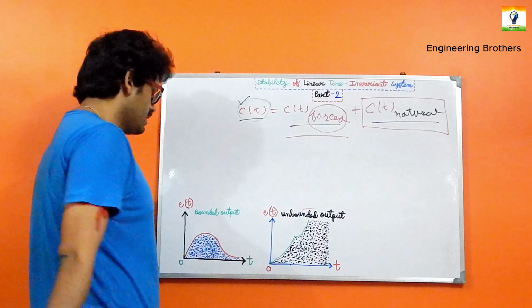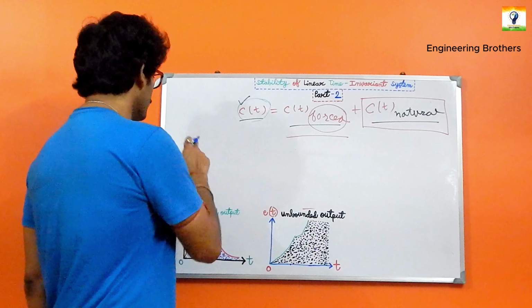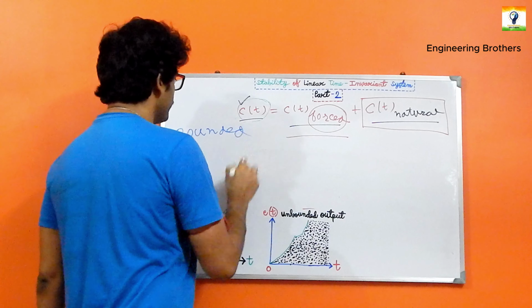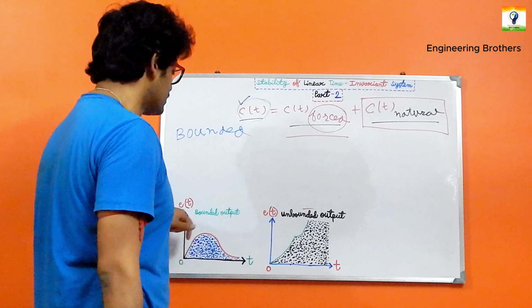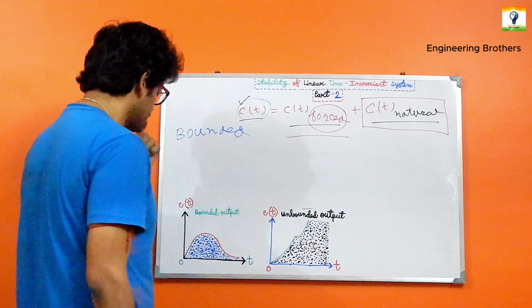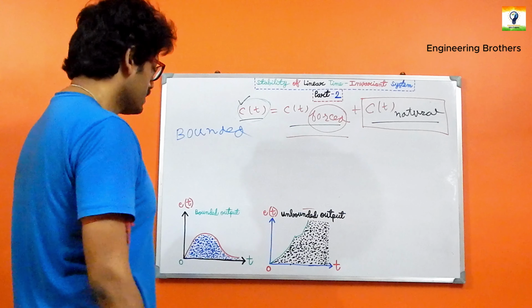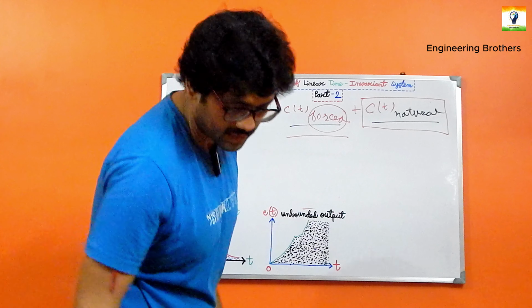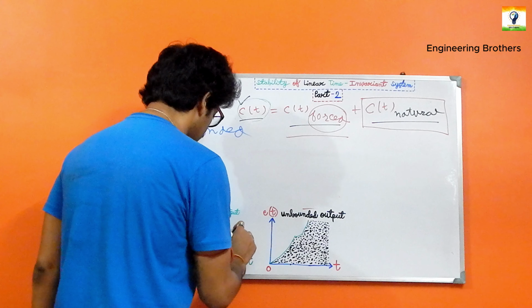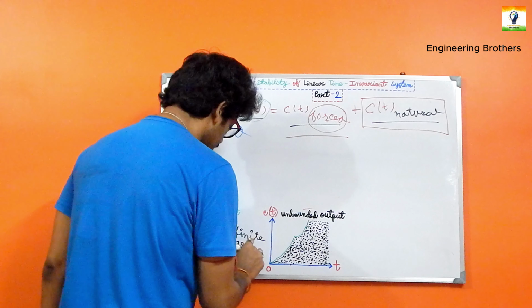Now if we apply an input and that input is bounded, if we apply the bounded input in any given system, and we have the bounded output over here, we can realize that the area is finite.